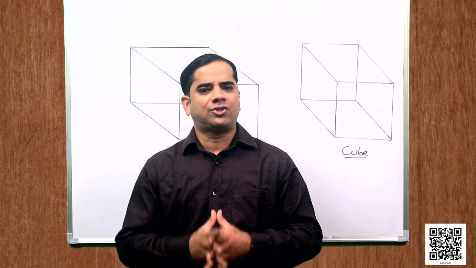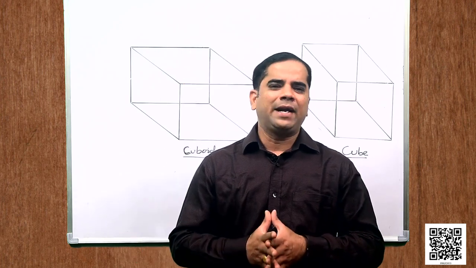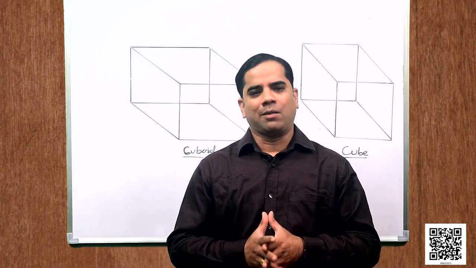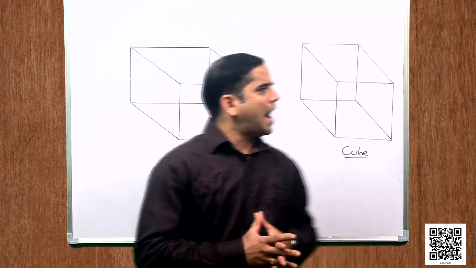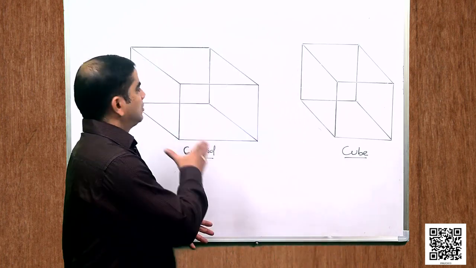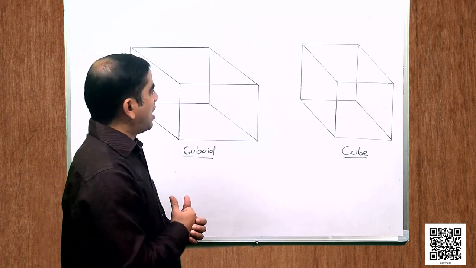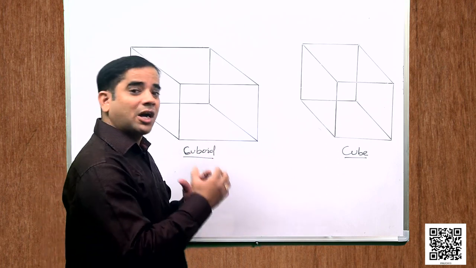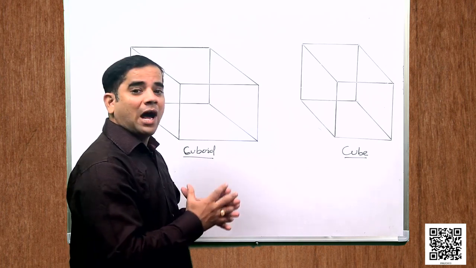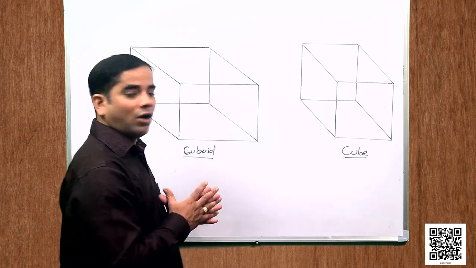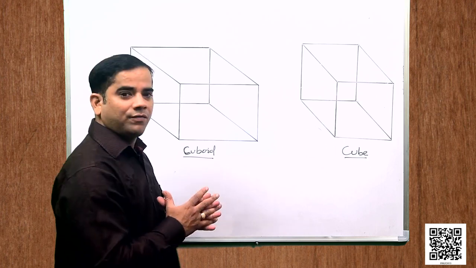You can follow the instructions and make it by yourselves using cardboard. Here I have drawn diagrams of a cuboid and a cube, and let us find out how we can come to the conclusion for the formula of the surface area of cuboid and cube.